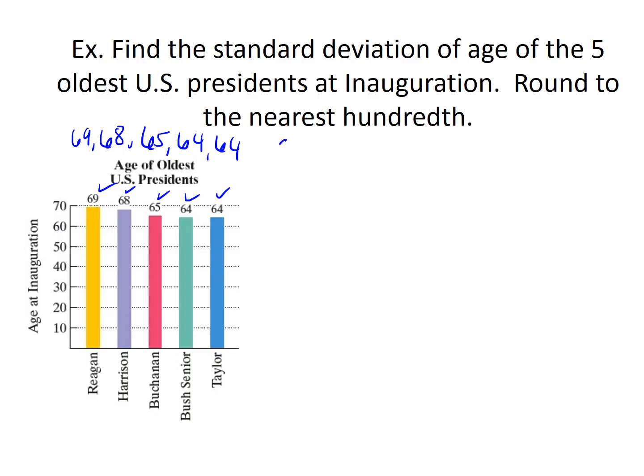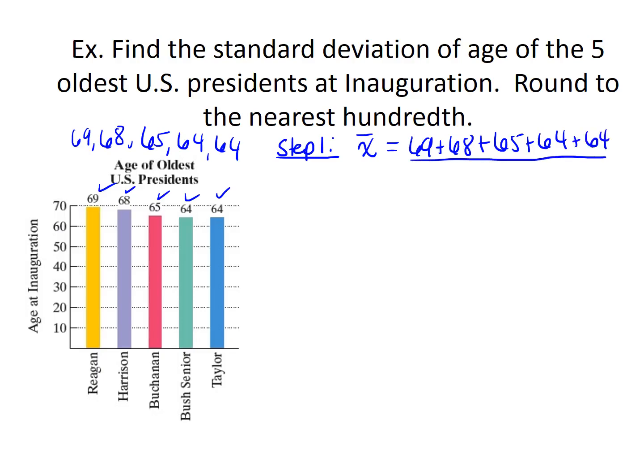For the first step, you can look back on the last slide for the steps. The first step is to find the mean. We add up these 5 data values and divide by 5. Remember, do not round in intermediate steps. If the mean doesn't terminate, you should keep a lot of decimal places.